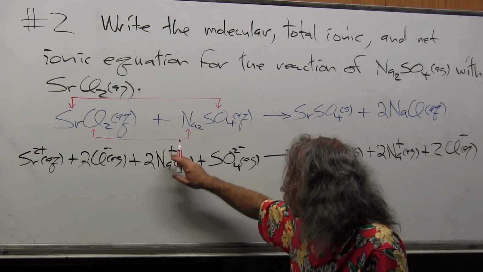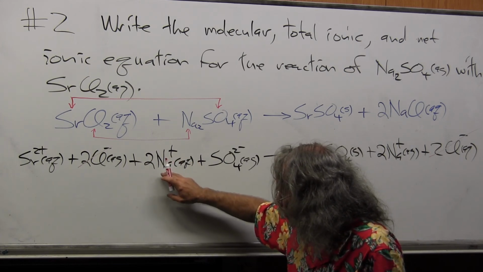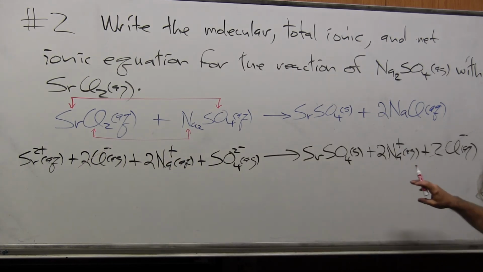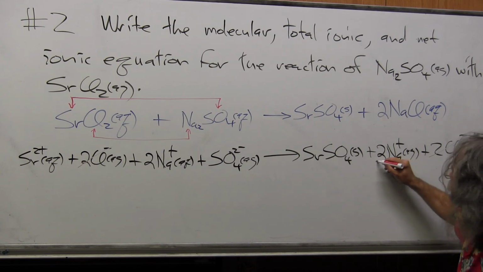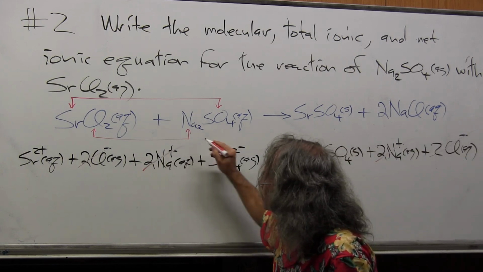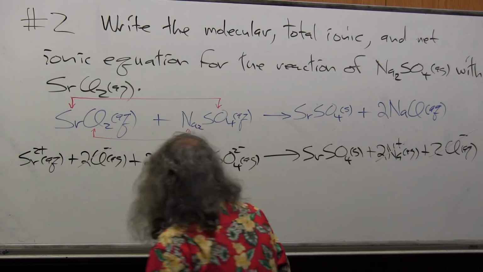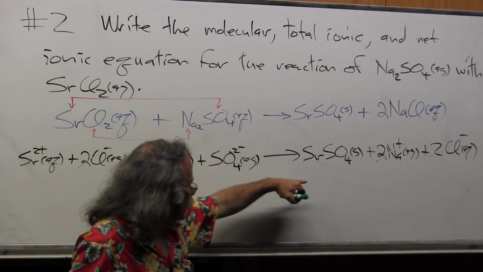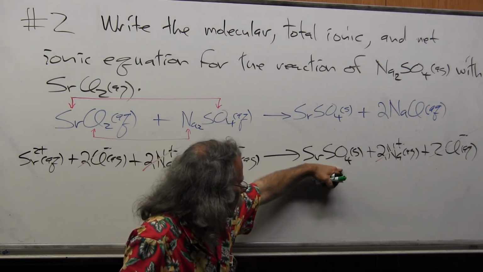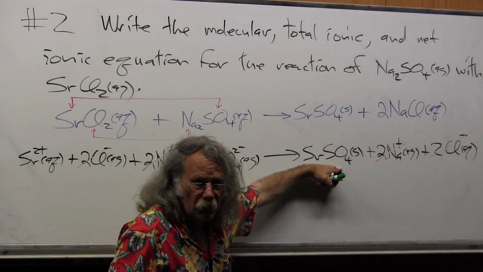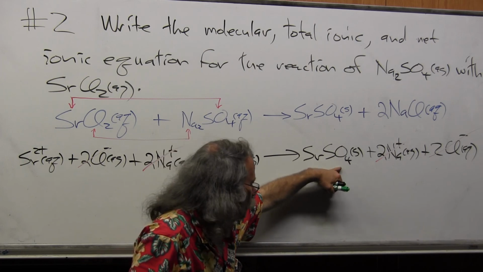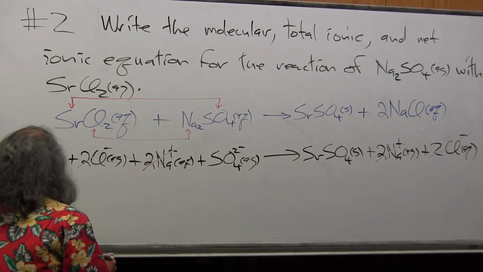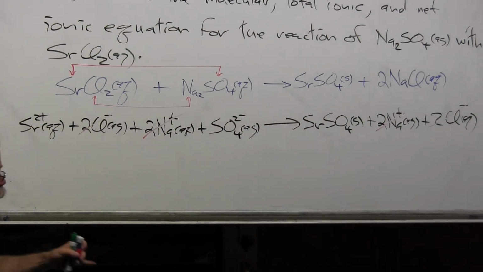as well as sodium. I have 2 sodium ions on the left aquated, and 2 sodium ions on the right aquated. So they're spectators as well. And I'm left with a sulfate ion on the left. It is aquated, and I have a sulfate in the strontium sulfate on the right as a precipitate. So that is transformed. And now the net ionic equation contains only the participants in the reaction.